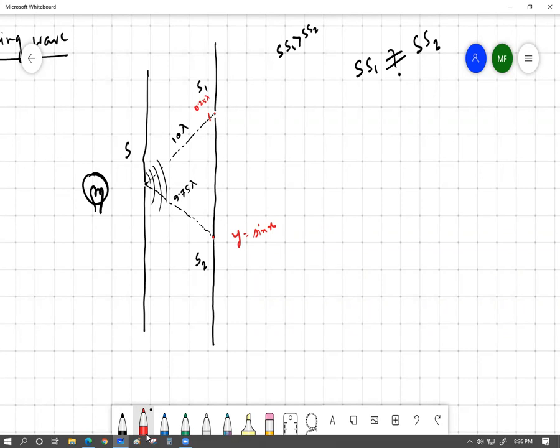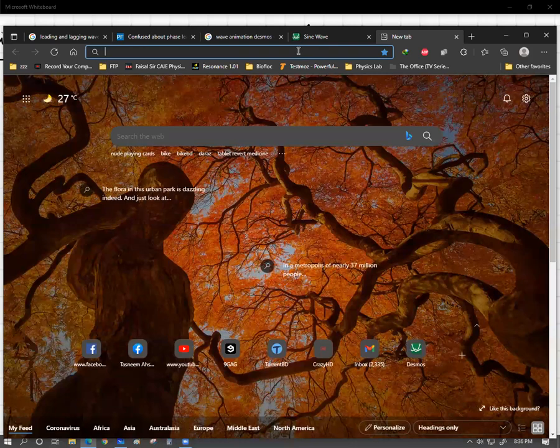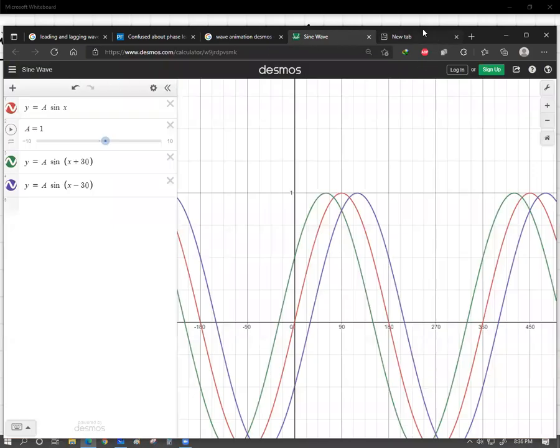When this wave actually reaches over here, the other wave would have gone out from this source by 0.25 lambda, right? Yes, sir. Now let me draw these two waves on a graph. So they're out of phase by 0.25 lambda.